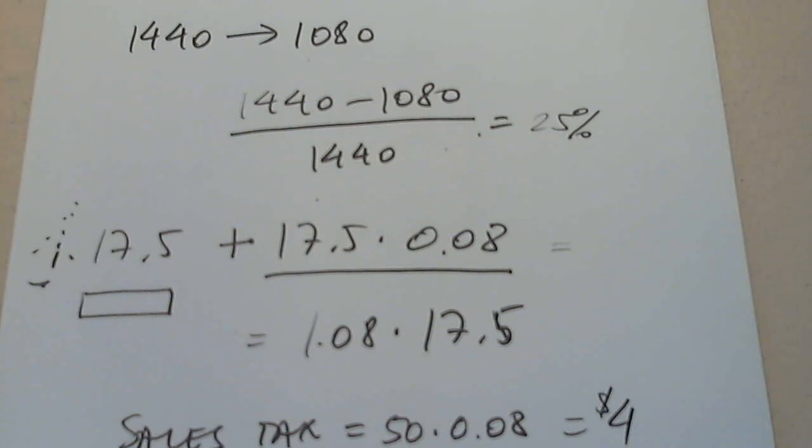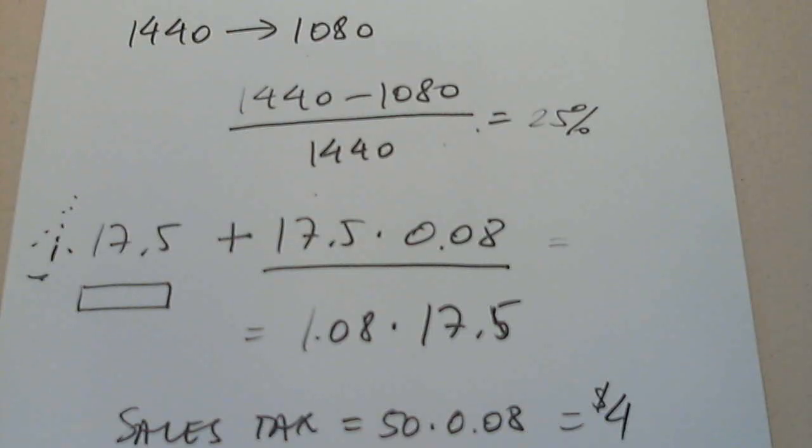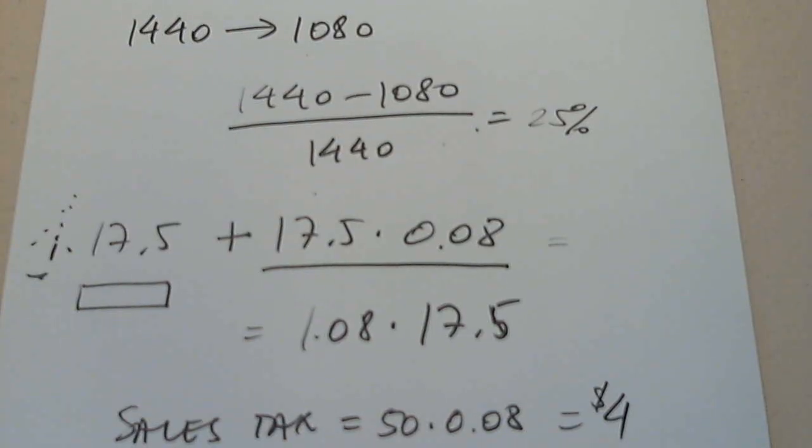So remember what we just did on the previous problem. We said this is what we end up paying in taxes. So this is the original price. We multiplied by the tax rate to get the sales tax.